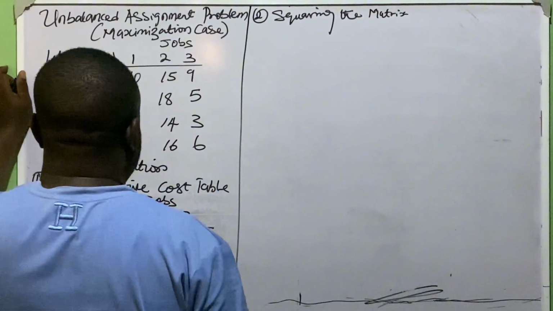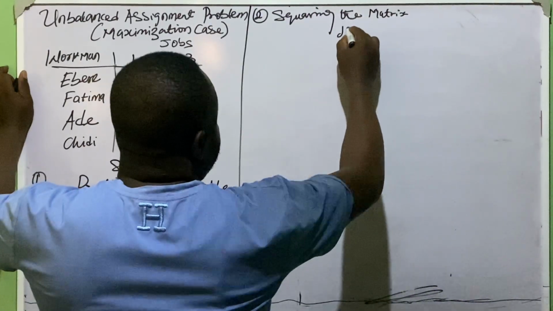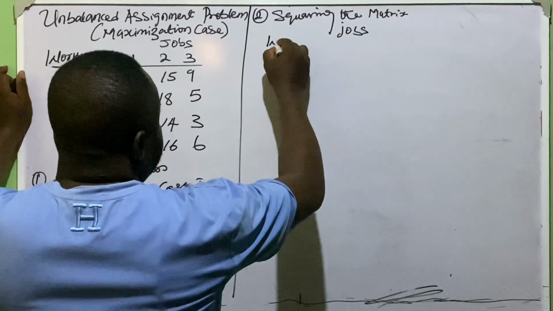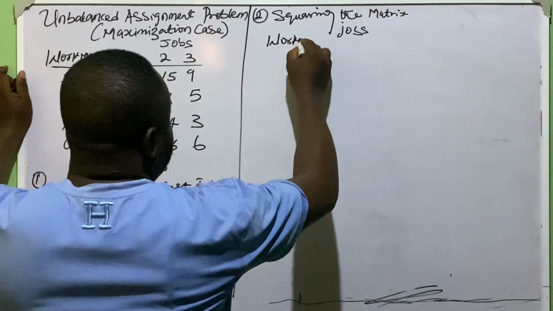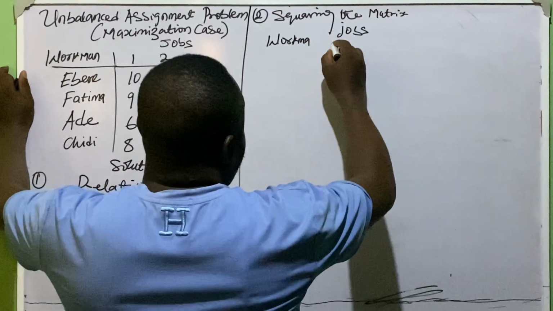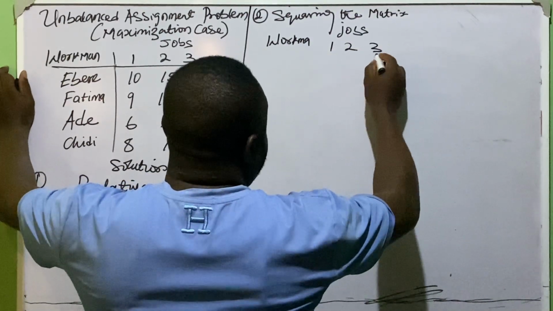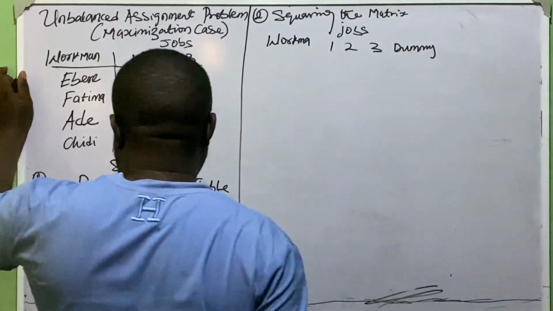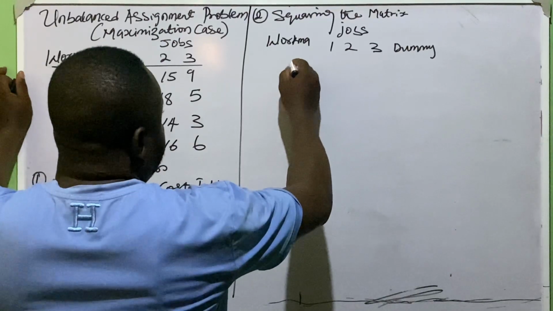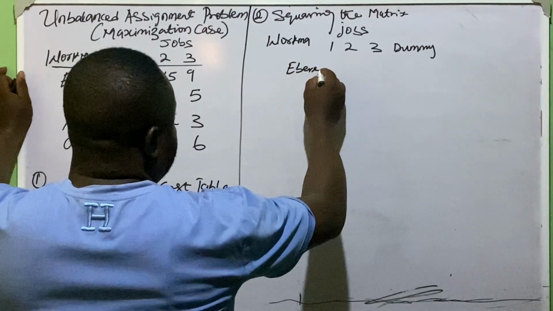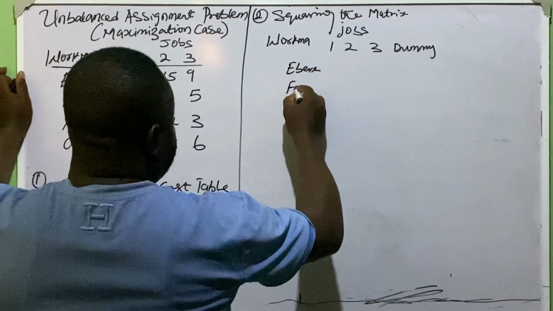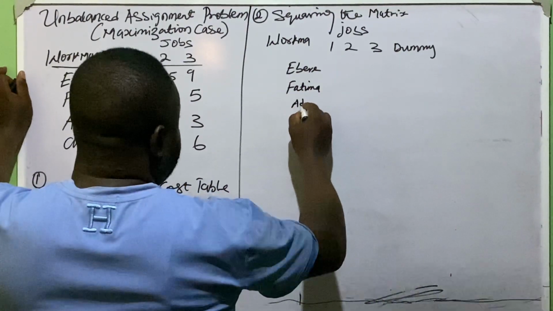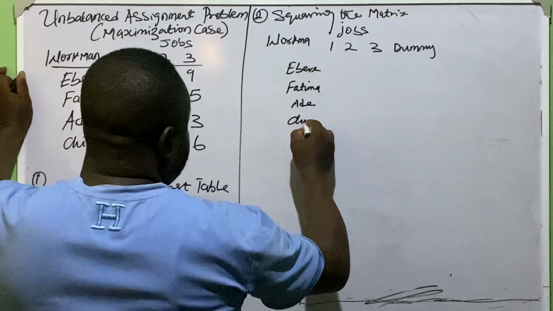So we have jobs, workman, 1, 2, 3, dummy. Then we have Ebere, Fatima, Ade, and Chidi.